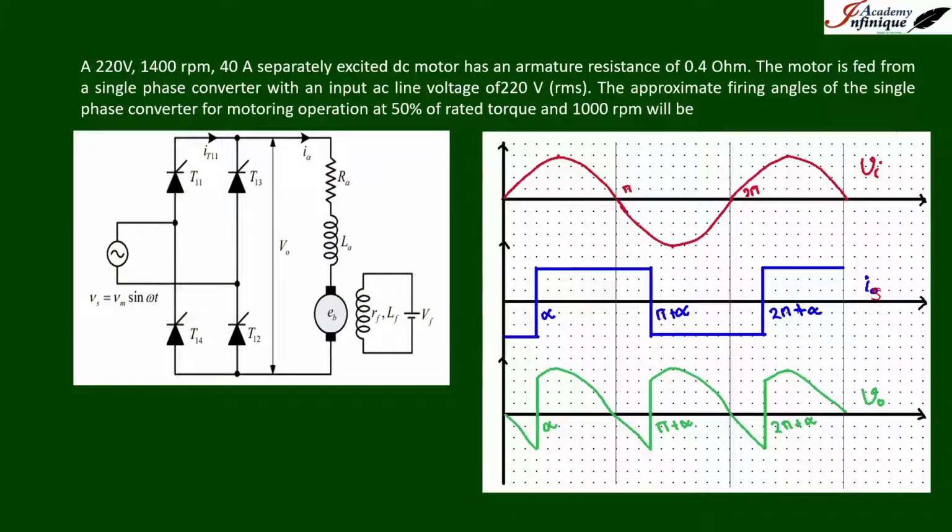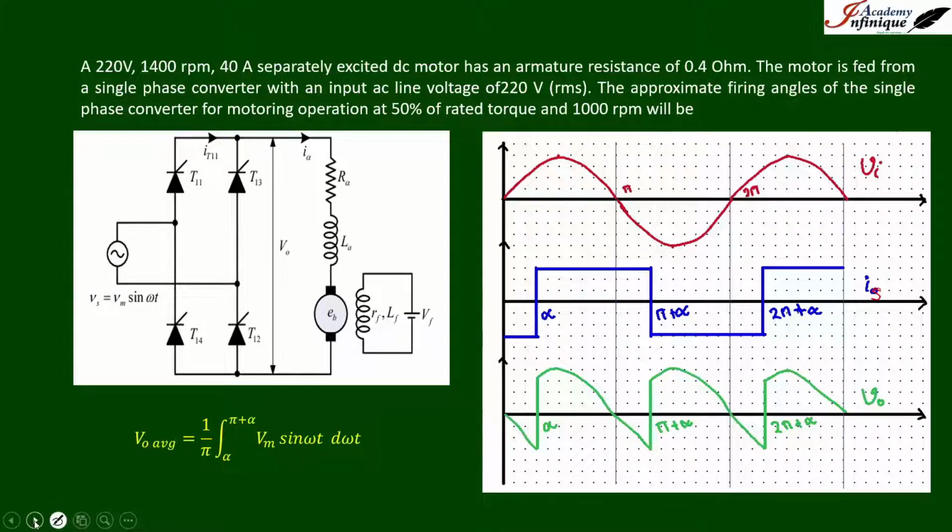and the average of the output can be calculated as V0 average equals 1 by pi integration over alpha to pi plus alpha Vm sin omega t d omega t, where Vm is the maximum amplitude of the supply.